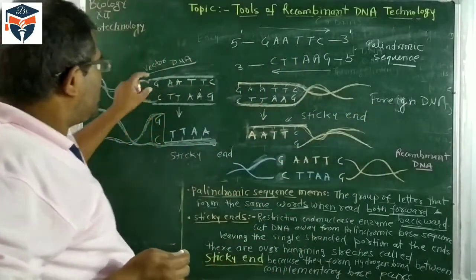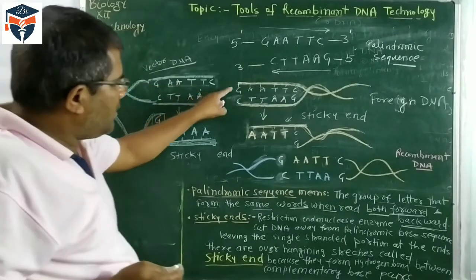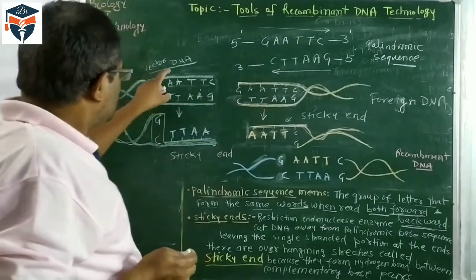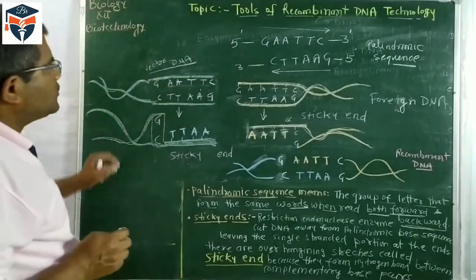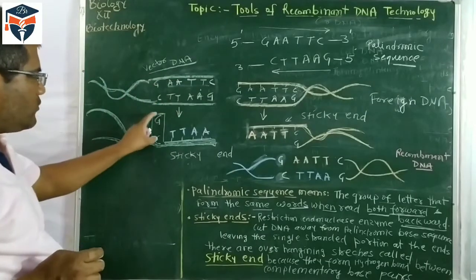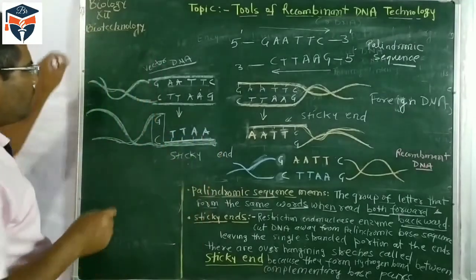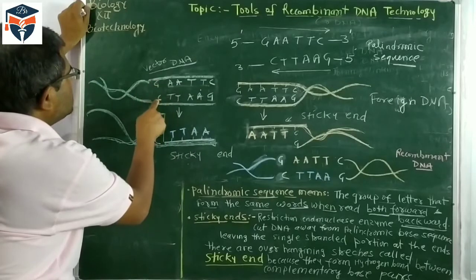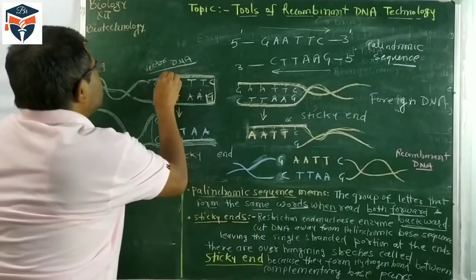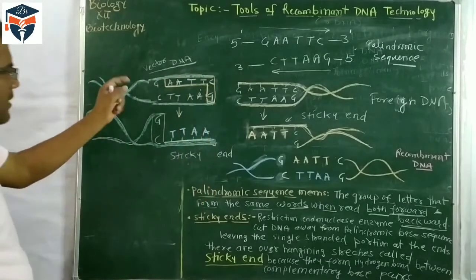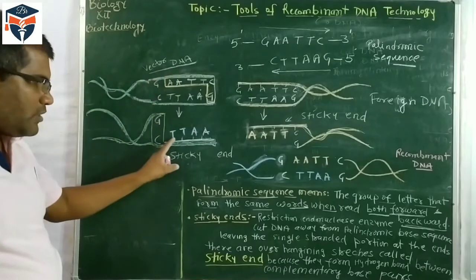In this also, the nitrogenous bases are complementary to each other: G combines with C, A with T, A with T. When the restriction endonuclease cuts the DNA molecule away from the nitrogenous bases, at this end, the GC portion of the DNA is cut, and the remaining part left is TTAA. This end of the DNA is called the sticky end.